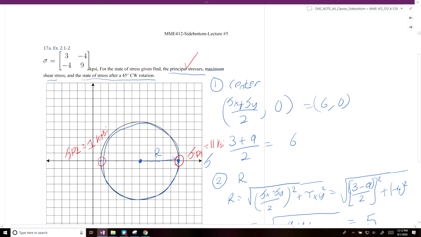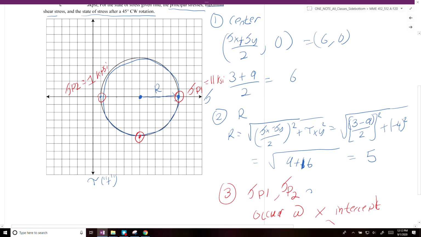The next thing it asks for is where our maximum shear stress is. Our maximum shear stress is going to occur at this location here, based off of our Mohr circle.